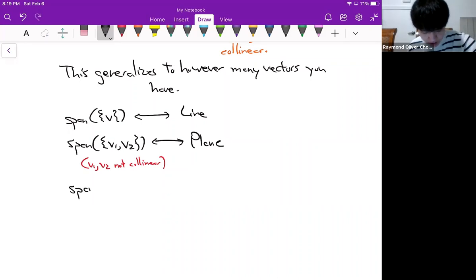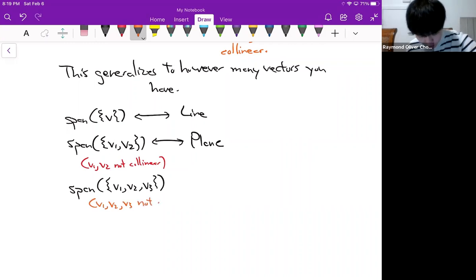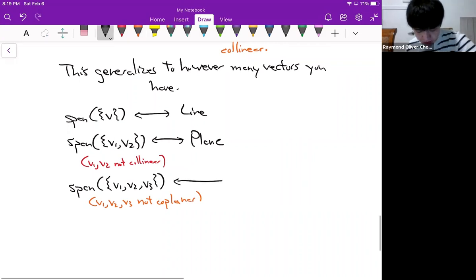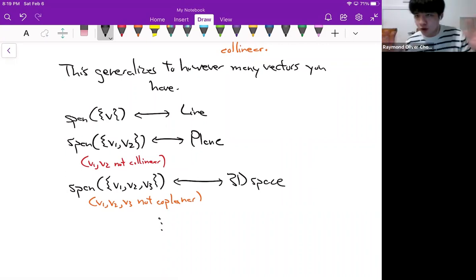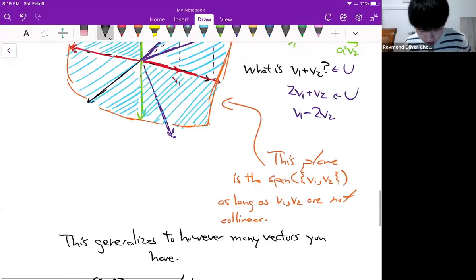The span of V1, V2, V3. And I'm going to put V1, V2, V3 not coplanar, right? Because that's not a very interesting case. That's the same as a 3D space and so on, right? Okay, so now we know roughly what spans look like.